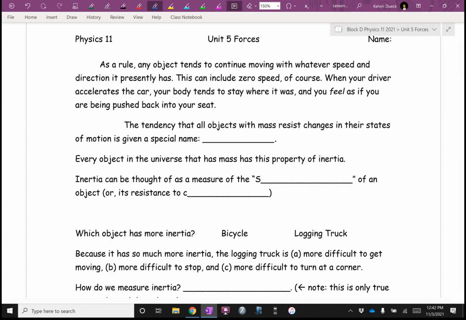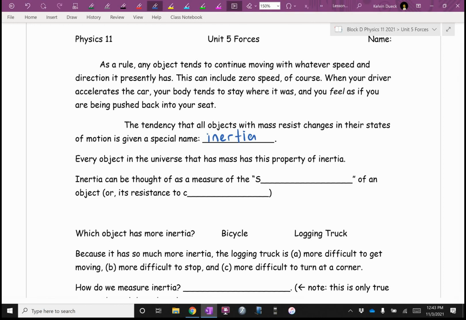This tendency that all objects with mass have to resist changes in their states of motion is given a special name. We call it inertia. And that's why a nickname for Newton's first law of motion is the law of inertia. Every object in the universe that has mass has this property of inertia.